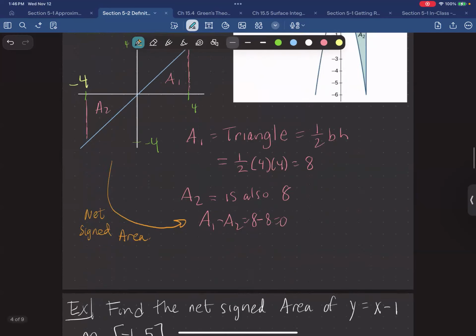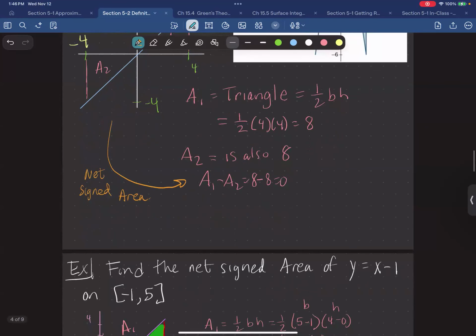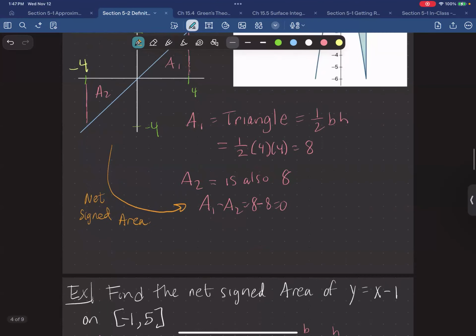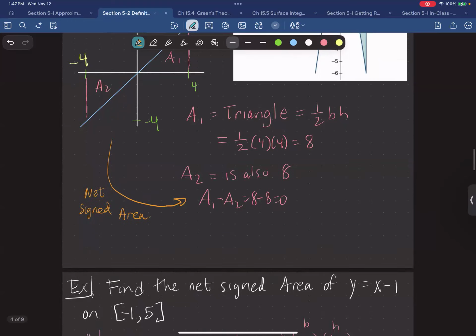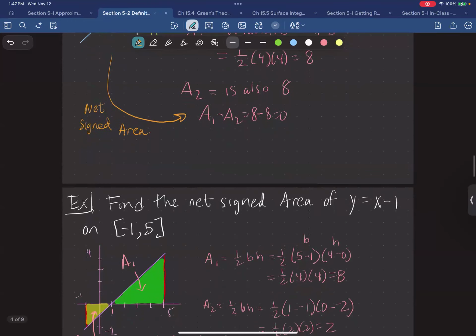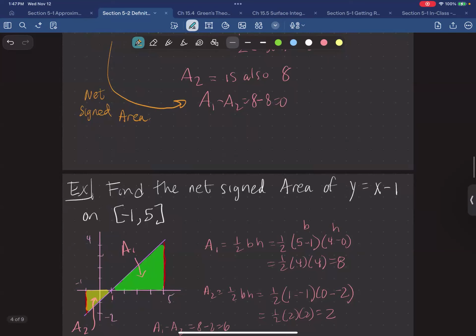So let's find the net signed area of y equals x minus 1 from negative 1 to 5. I sketched it out here for us. I'm going to call A1 the positive triangle, A2 the negative triangle. This has a width of 4, and it looks like a height of 4.